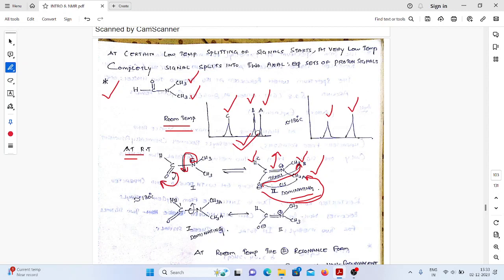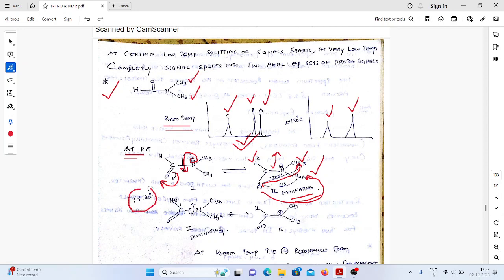We can say the diastereotopic protons are chemically non-equivalent, so they give two signals. The aldehyde proton gives another signal. So totally three signals we observe at room temperature.